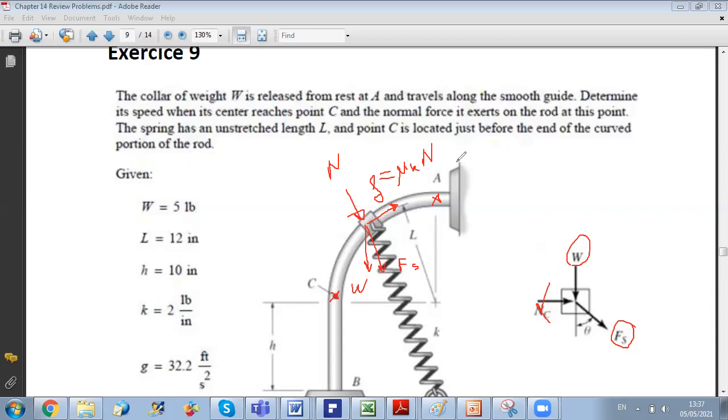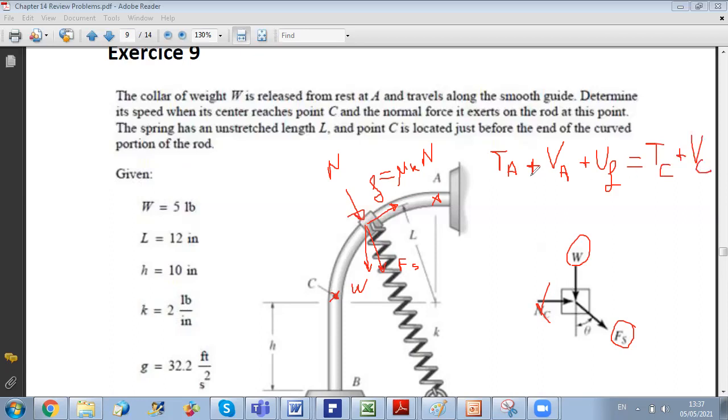You will say that we will apply the principle of work and energy. Or, as your friend said in the previous problem, we can use T at A, plus V at A, the total potential energy at A, plus the work of the friction, since it's a non-conservative force, equals the kinetic energy at C plus the potential energy at C.